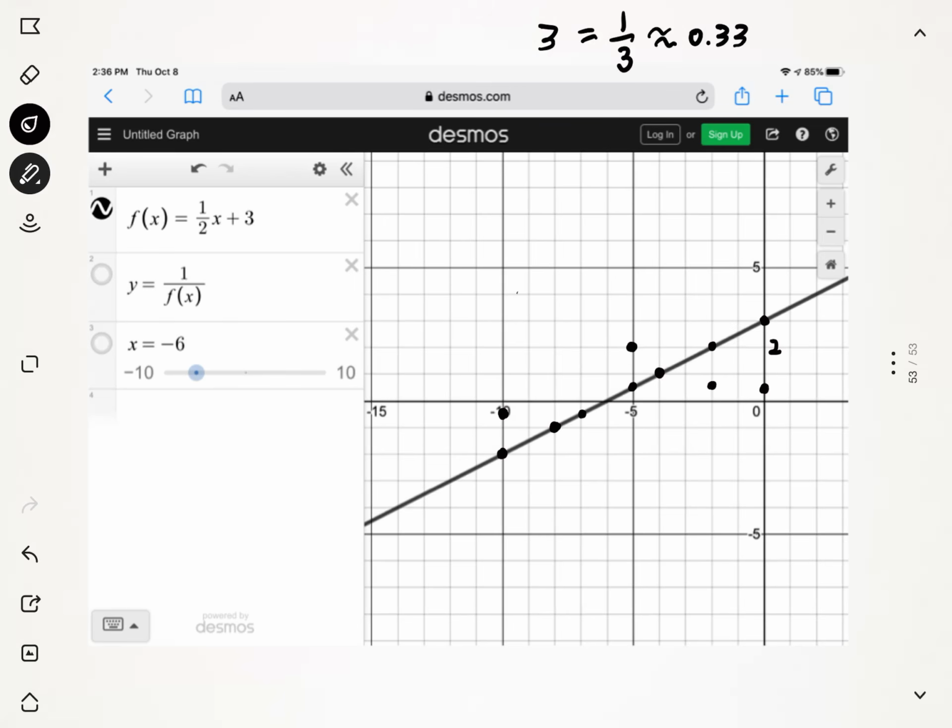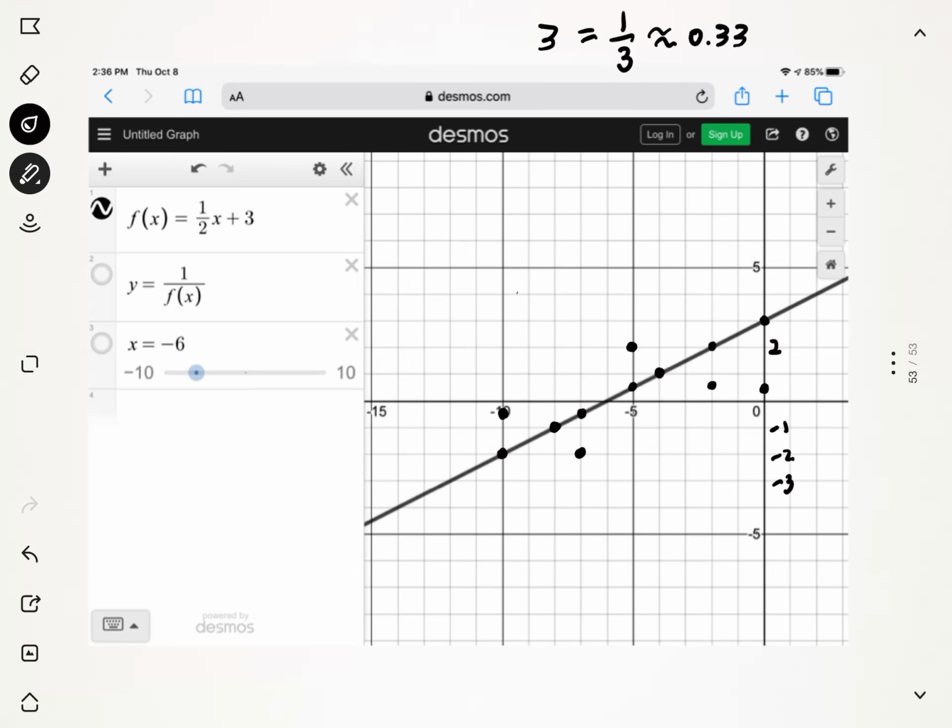And then similarly, I could look at this point right here, which has a y value of approximately -0.5. The reciprocal of that is -2. Not moving left or right, just moving up or down.